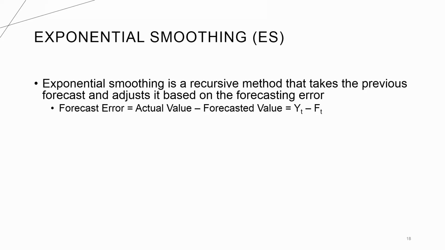And it's going to smooth the data based on the error. So the formula goes like this. We have our new forecast is equal to the old forecast from last time plus alpha times the error, right? This y minus f, that's the error.